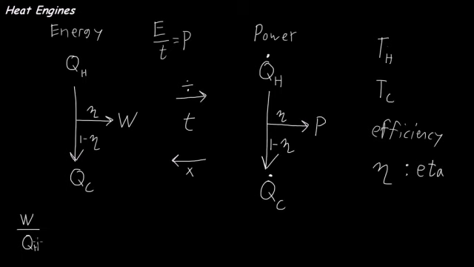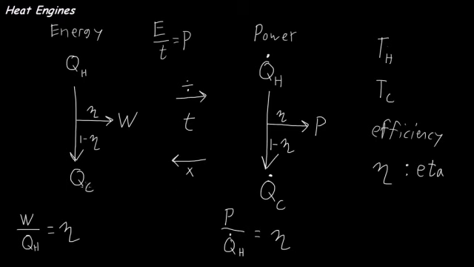That's my energy input. Gives me my efficiency. So you can think of this as the energy out divided by the energy in. Gives me efficiency. I can do the same thing on the power side. Power out, which is P, divided by the power in, which is Q dot H, is equal to my efficiency.